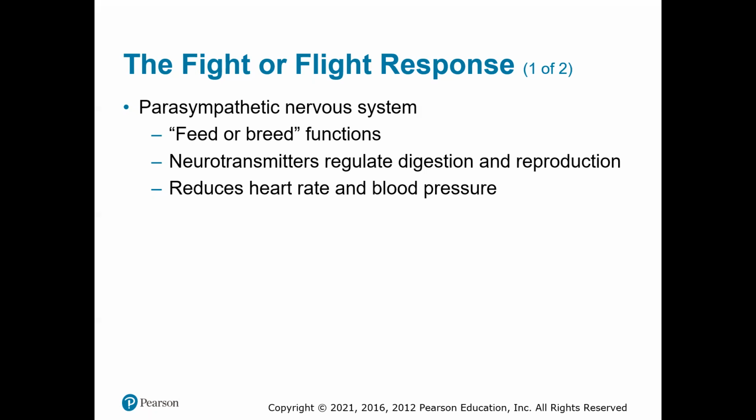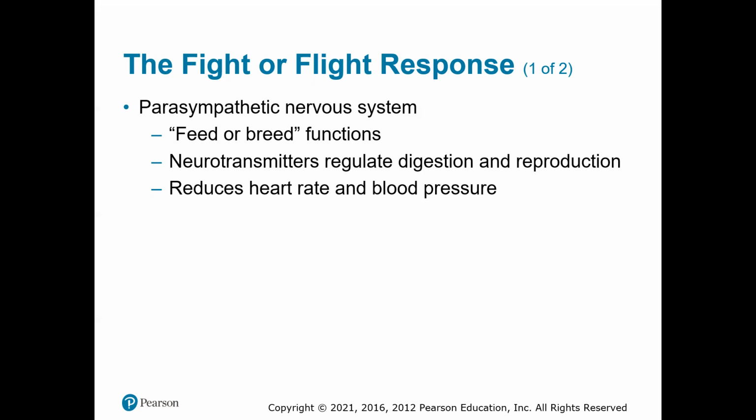So neurotransmitters in our brain: neuro being like nerves, transmitters, just think of it like sending signals. It sends signals to the body to start the digestion process. It also is about reproduction. Sometimes when bad things are happening and you're under stress, you don't really feel like procreating.